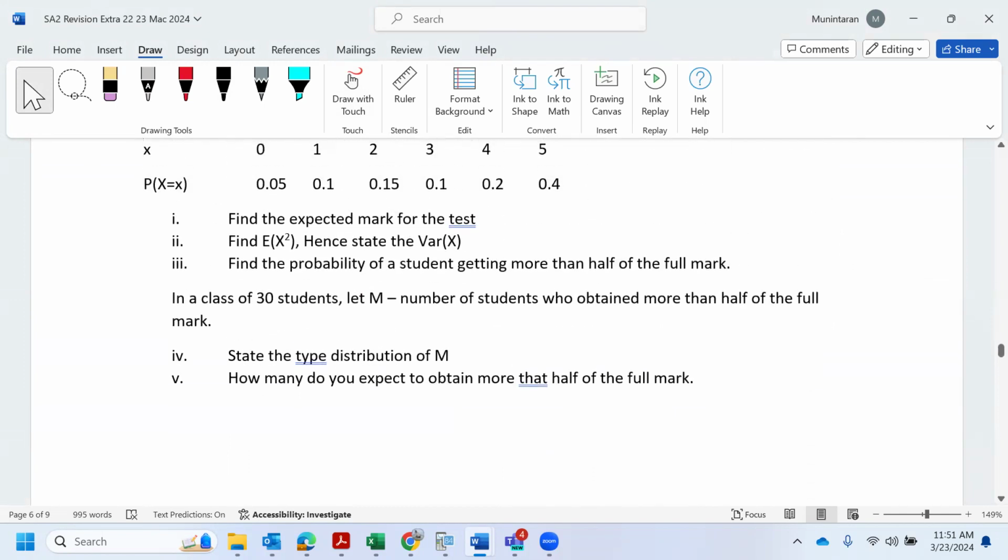So if you want to find the expected value, it is EX or mu. All these are the same, just in case.